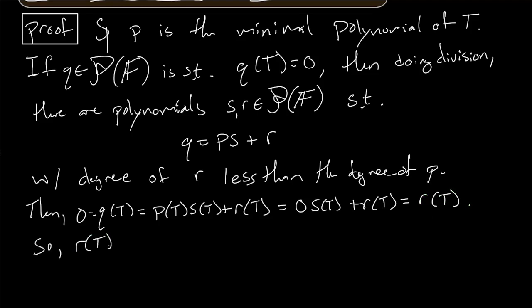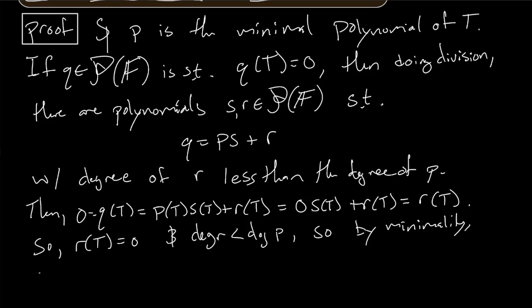So R of T is 0, and the degree of R is less than the degree of P. So by minimality, R is the zero polynomial.